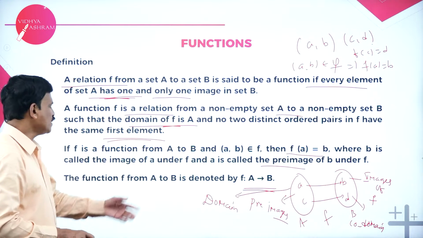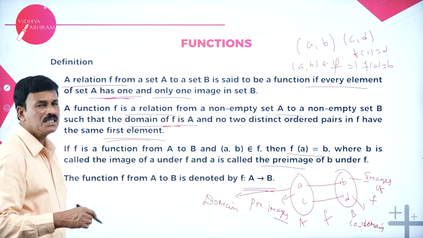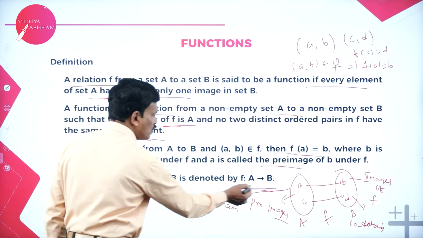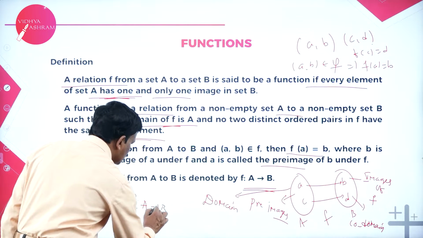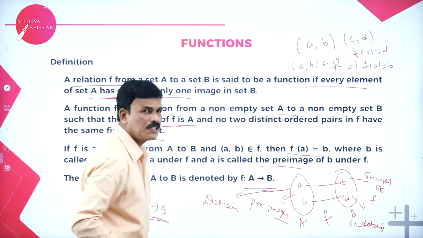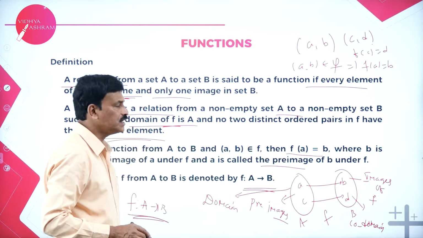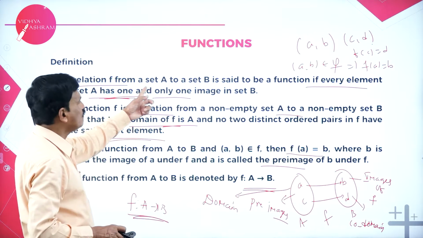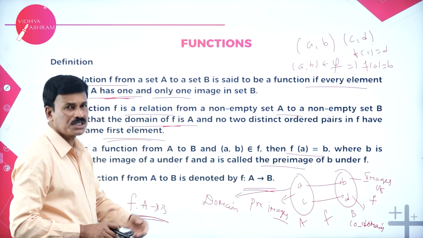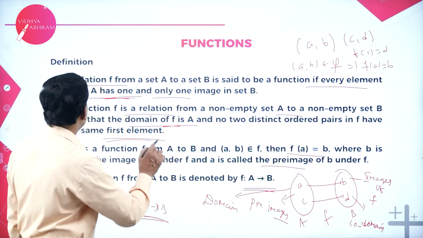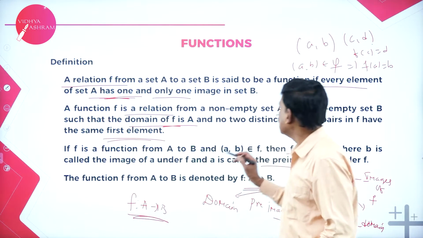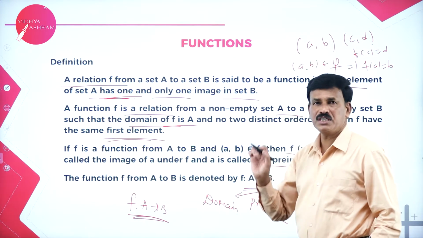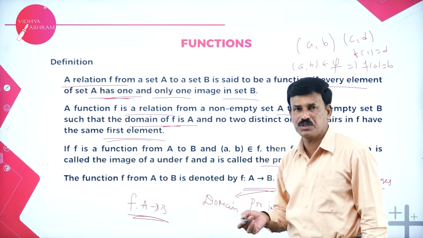So a function F from A to B is denoted as F from A to B. This is how we are going to represent. That's all. So the very important definition is a relation F from a set A to set B is said to be a function if every element of A has one and only one image in the set B.